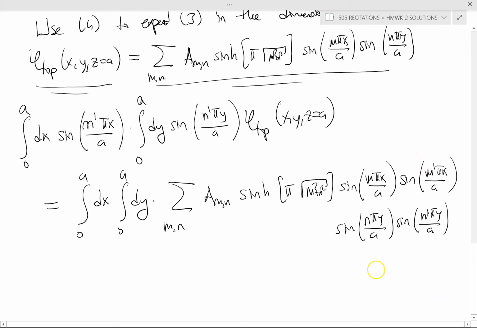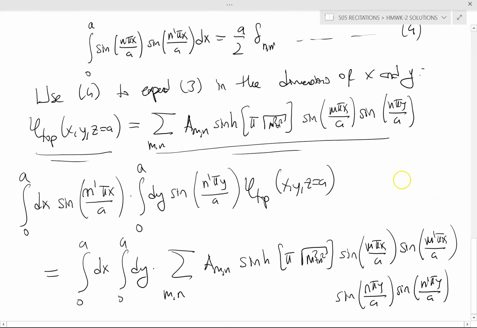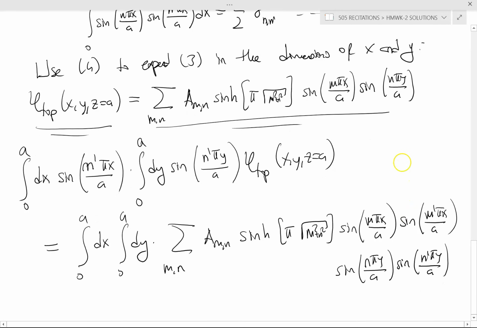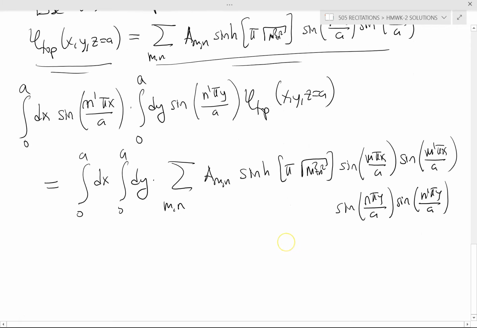Okay, so I have reached the form that I would like to reach, because you see now I am free to use the orthogonality principle of these two functions in order to eliminate the whole summation, right? Remember that I am taking the integration over x, which means that it is only non-zero in the case m equals m prime.